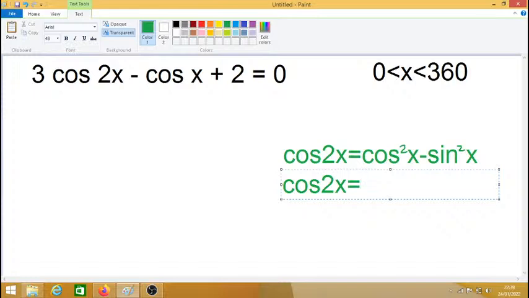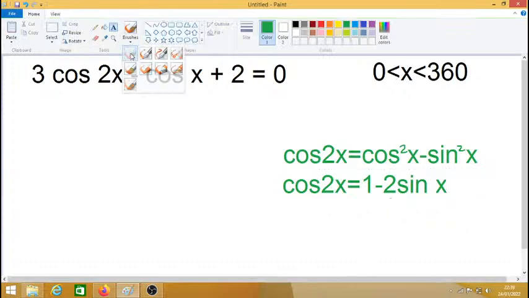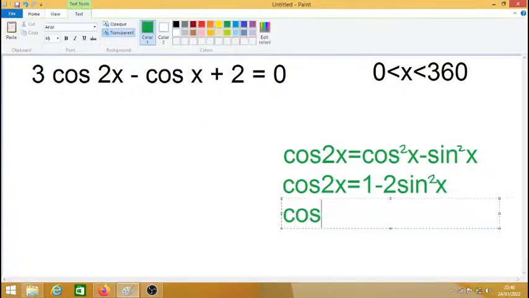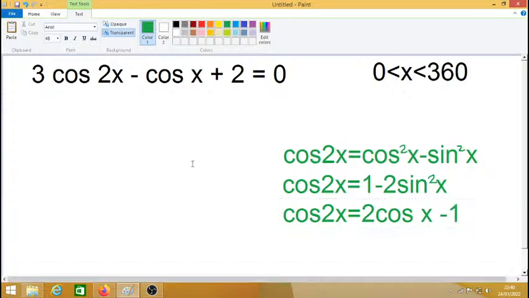Cos 2x, let's try another one. We could have cos 2x is equal to 1 minus 2 sine squared x. We don't want to use that one again because then we're going to end up with a sine in there as well as the cos that's already there from the middle term. So it's the last one we want to use, the third one. It's cos 2x is equal to 2 cos squared x minus 1.